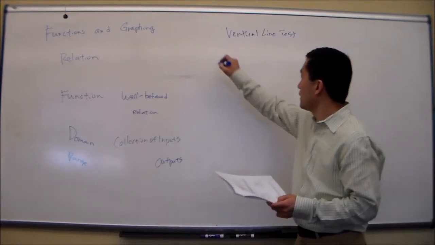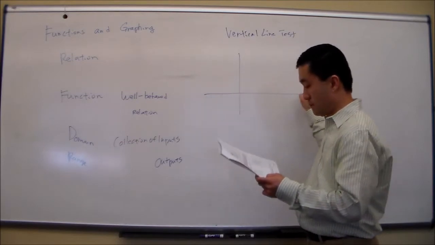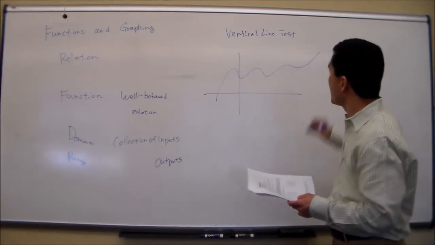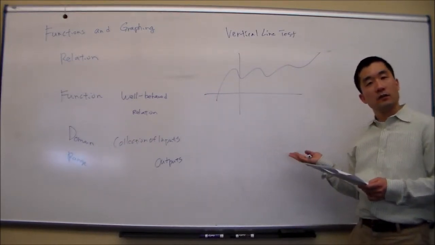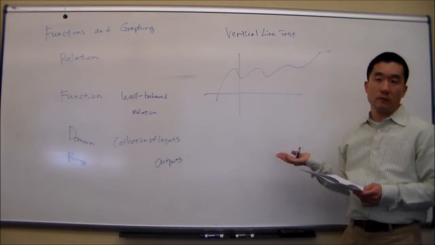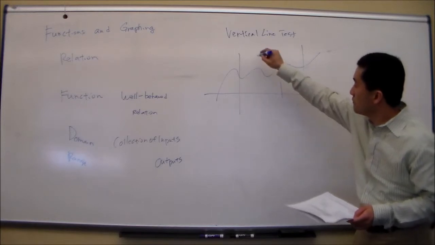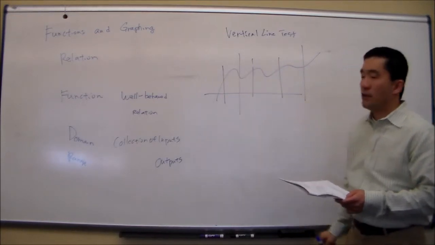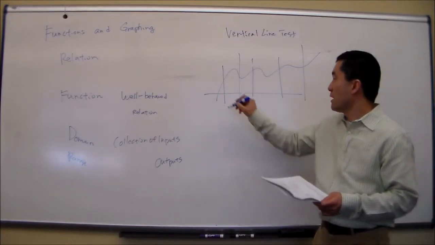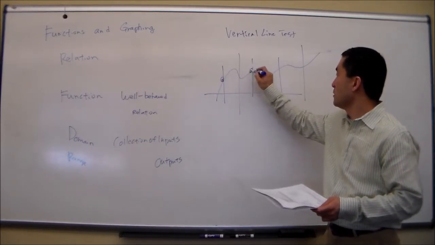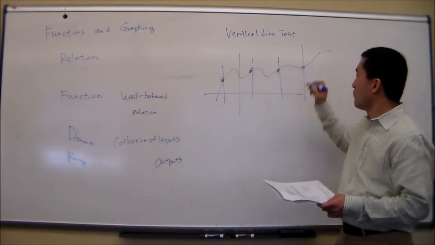So for example, if I give you a graph like this, is that a function? Yes or no? The test says draw a vertical line anywhere. It really doesn't matter where I draw the line because it crosses the graph only once anywhere.